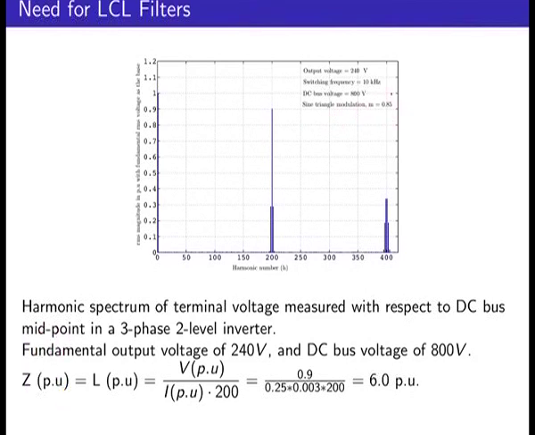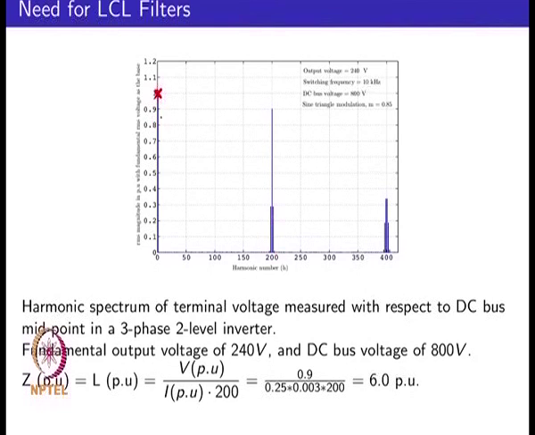So, the modulation index is 0.85. If you do the Fourier analysis, your fundamental has a magnitude of 1 per unit. 10 kilohertz would correspond to the 200th harmonic, and the RMS value of the amplitude at the 200th harmonic is around 0.9.